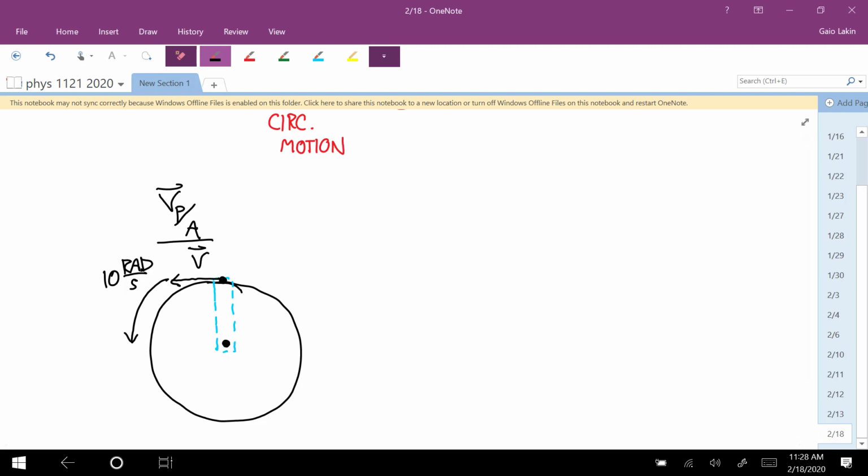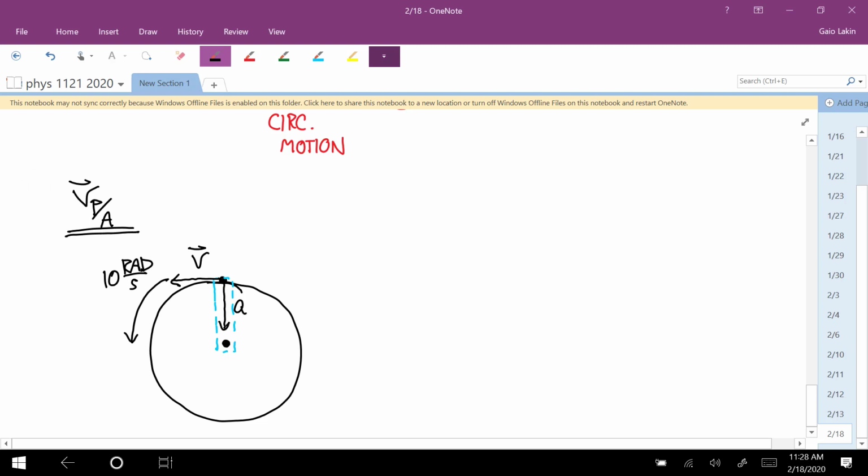Is there any tangential acceleration? Right, there's not, because it's a constant angular velocity. So what we're doing now is calculating the velocity of P relative to A. There is a centripetal acceleration, and that's this way.